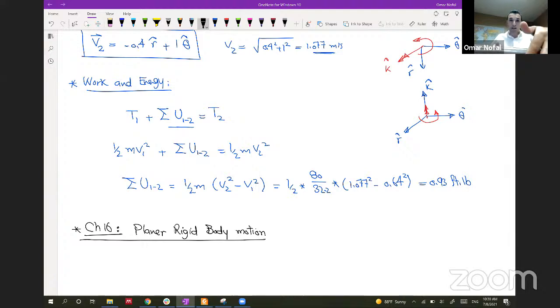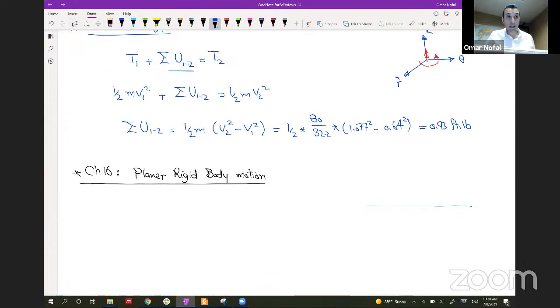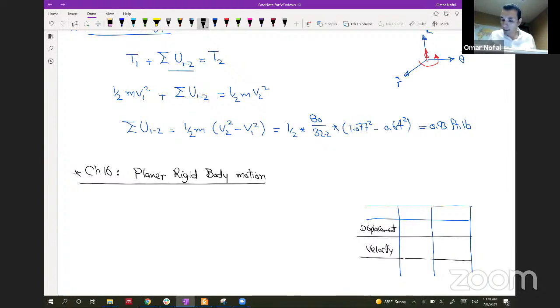So before we start this chapter, I would like to revise some concepts with you about the angular velocity and the angular expressions. Right now, till now, we dealt with many things. So let's put a table here, and this table will have the most important three quantities that we dealt with, which are the displacement, velocity, and acceleration.